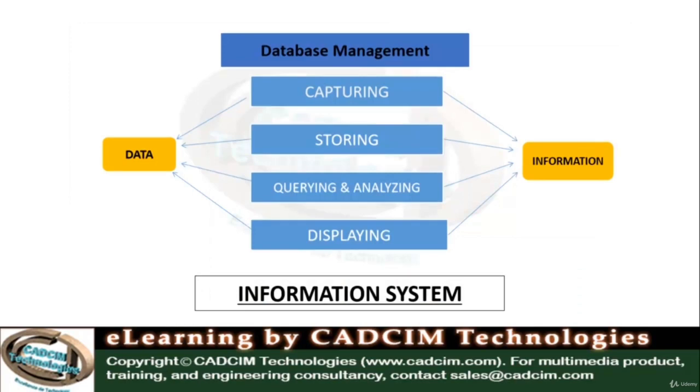Now let's talk about the standard definition of GIS. GIS means Geographical Information System. A geographical information system, which works on a spatial database, is a computer system for capturing, storing, querying, analyzing and displaying geospatial data.